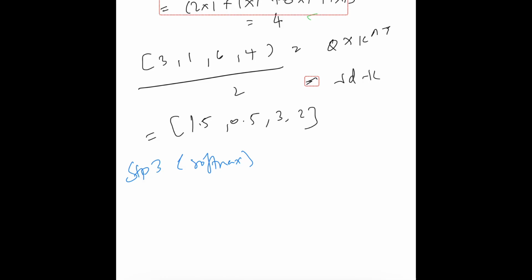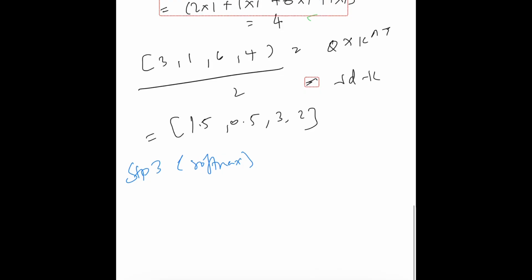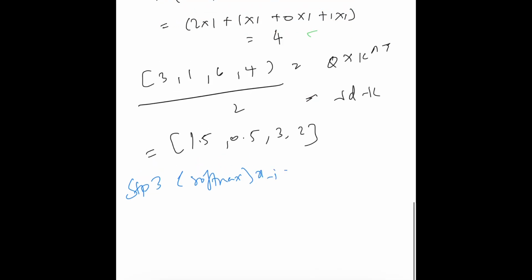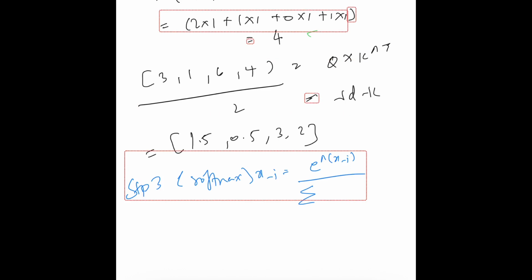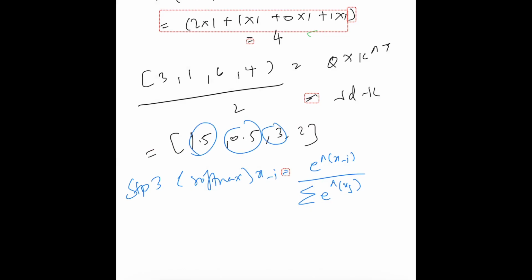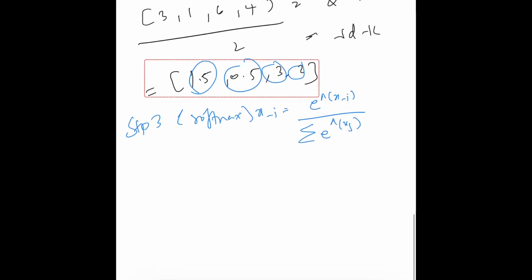So the softmax formula is basically e to the power x_i upon the sum of e to the power x_j, right? So essentially we will calculate each of these values and then normalize it with the sum, right?